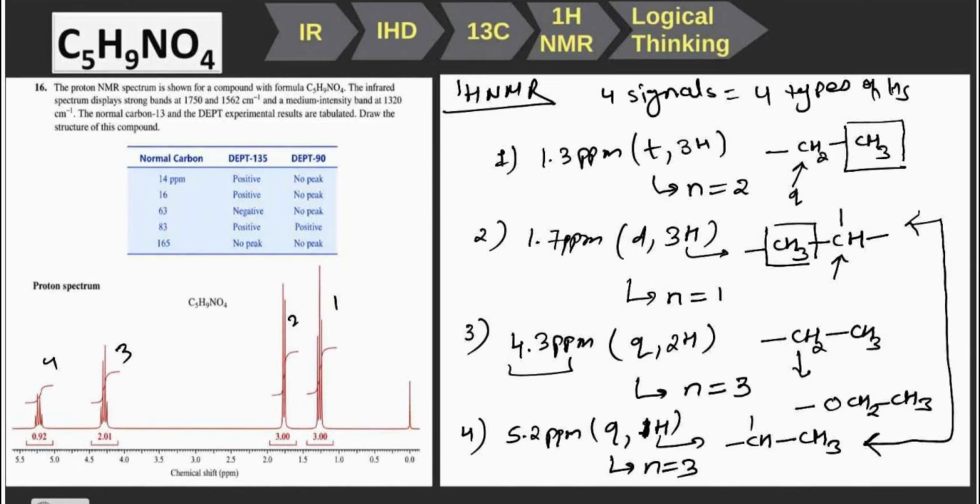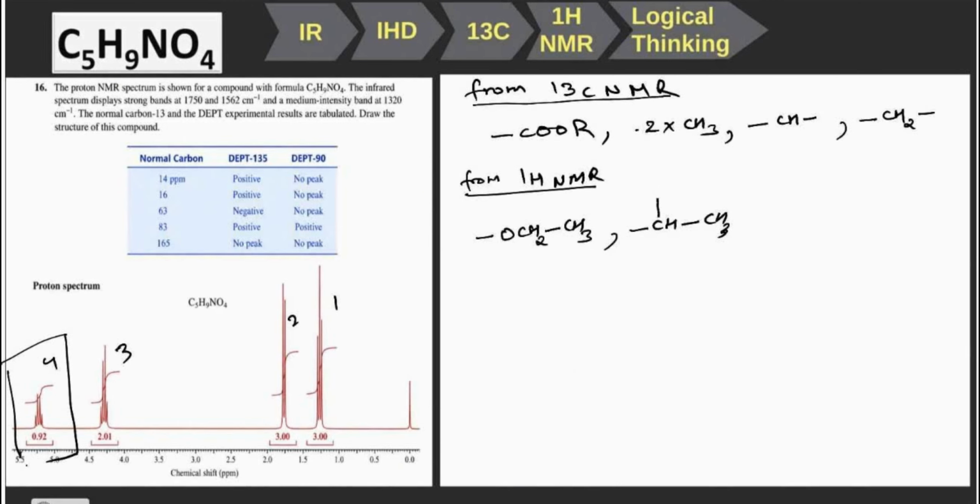Now from signals 2 and 4, we can clearly say that this compound contains this moiety, and probably this carbon is attached to an electron withdrawing group. And what could it be? It could be nitro. That's why it is going in the highly deshielded region. Okay, this signal 4 is in quite a deshielded region.